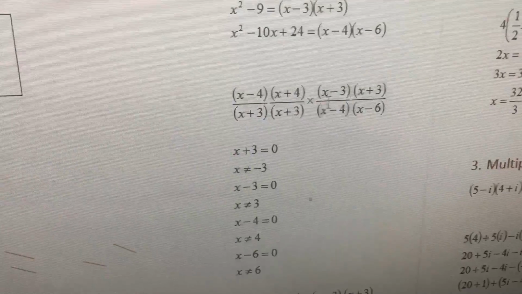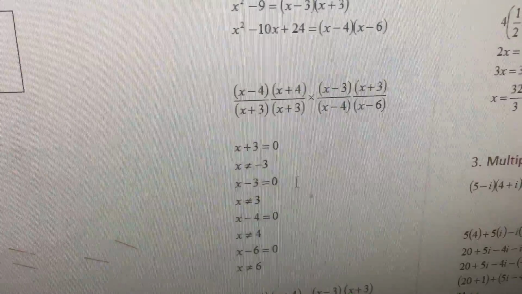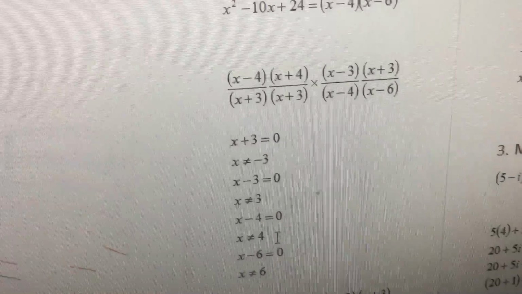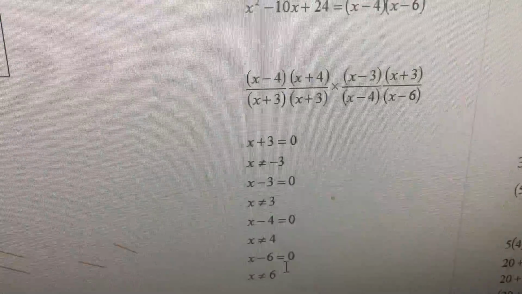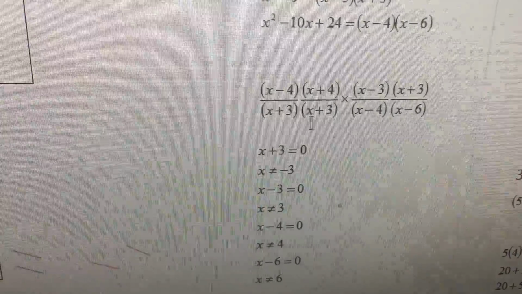Then x minus 3 equals 0, so x cannot equal 3. Then x minus 4 cannot equal 0, so x cannot equal 4. And then x minus 6 equals 0, so x cannot equal 6. These were repeats, that's why I didn't write them twice.